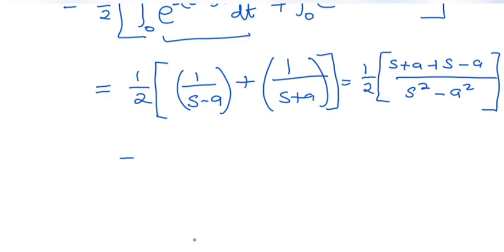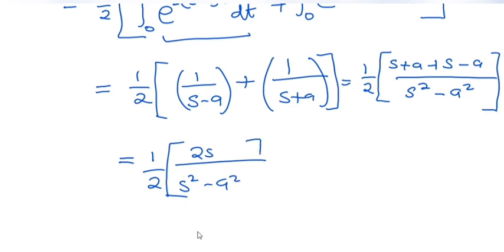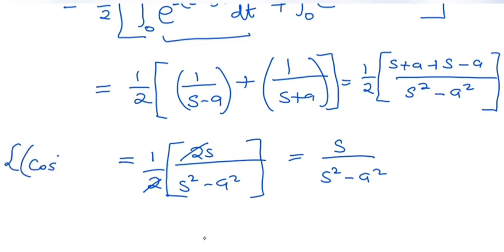And this is simplified. You're going to have 1 over 2 times 2s all over s squared minus a squared. And the 2 can cancel, and you have s over s squared minus a squared. And this is the Laplace transform of cosh at, which is a hyperbolic function.